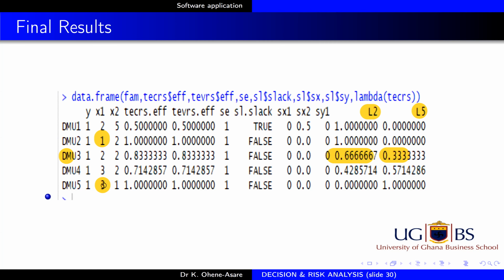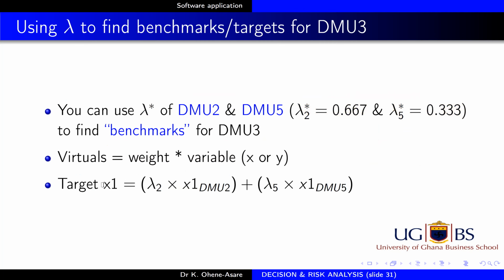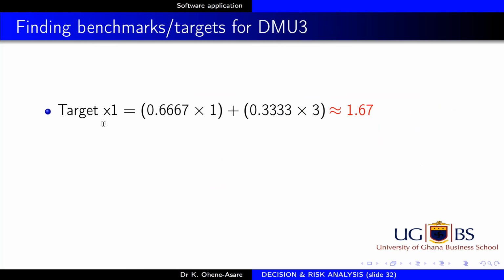So you are using their role models' inputs to calculate the target for this very DMU who is suffering. We are calculating the target for DMU3. You take the lambda coming from 2, multiply by the input of 2, which is 1. Plus, you take the lambda coming from 5, multiply by the input of 5. And then you add them.